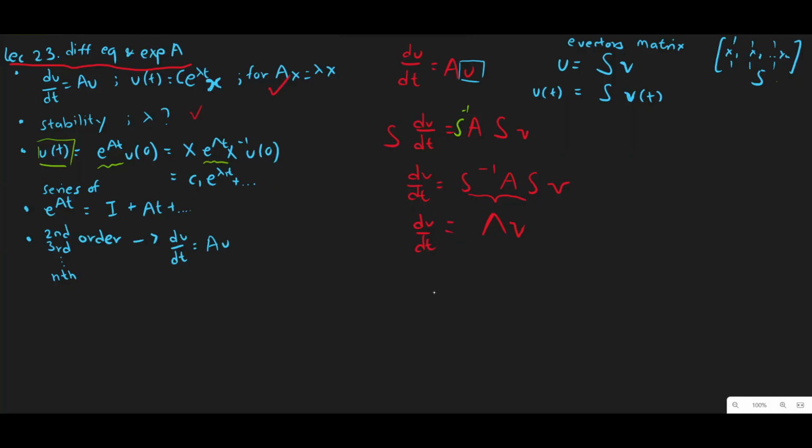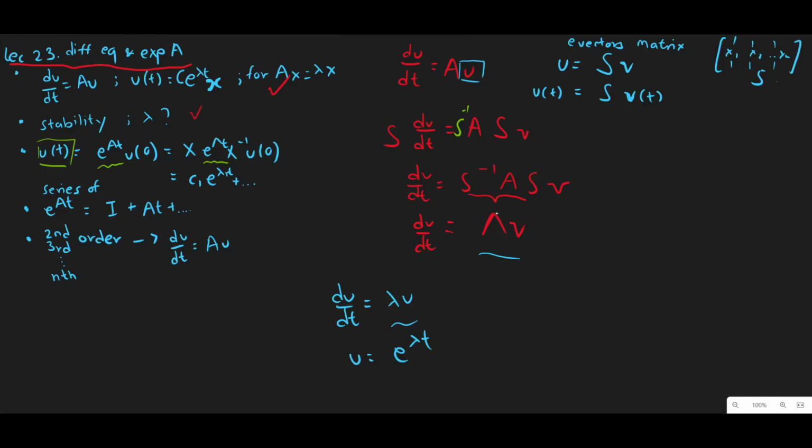Cool. Remember in the beginning I introduced you to the solution of du over dt equals lambda u, and the solution to this is this one, right? So can you see that this and this are really similar?